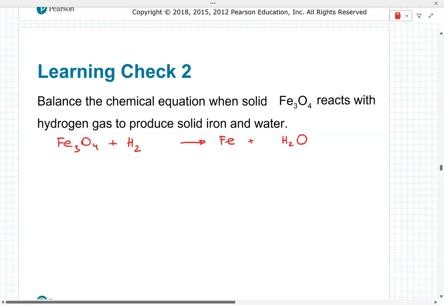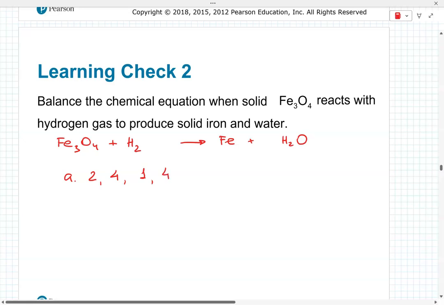Let's convert this question into multiple choice. Multiple choice question: balance the chemical equation. This is the reaction. Your first answer, answer A, is 2, 4, 1, 4.